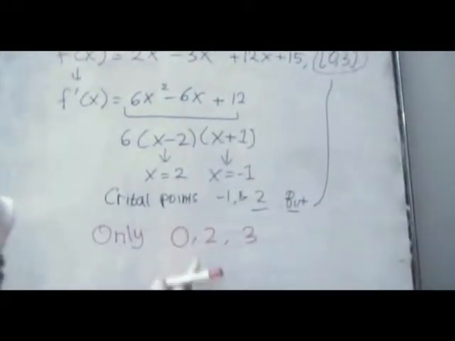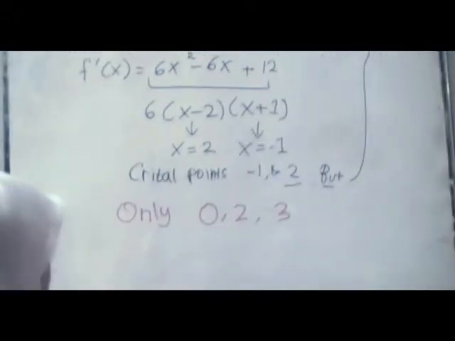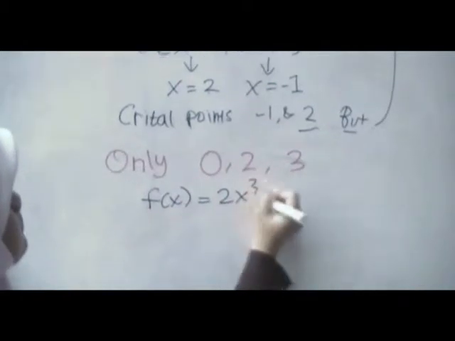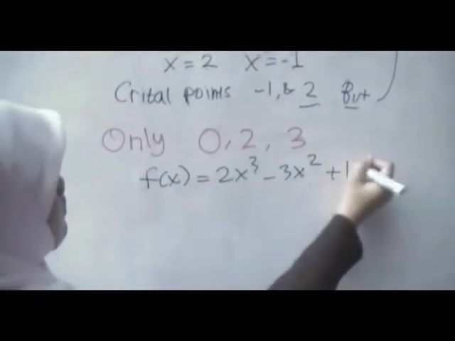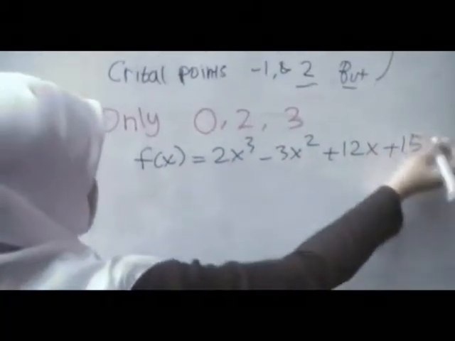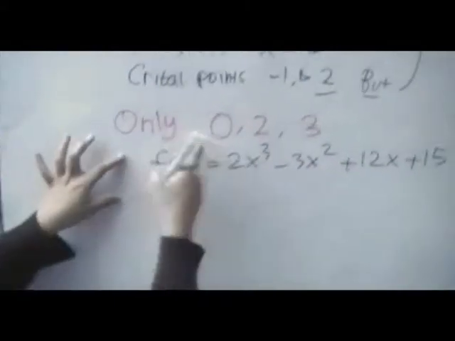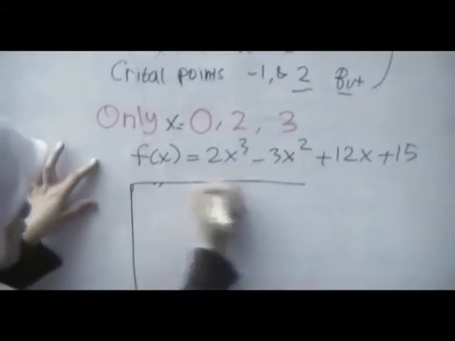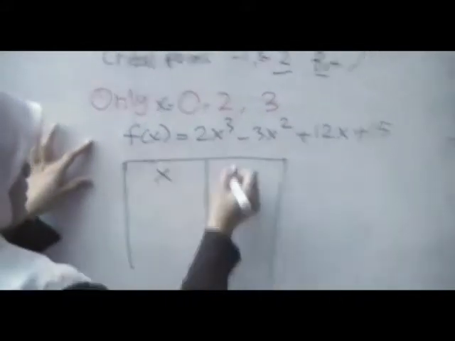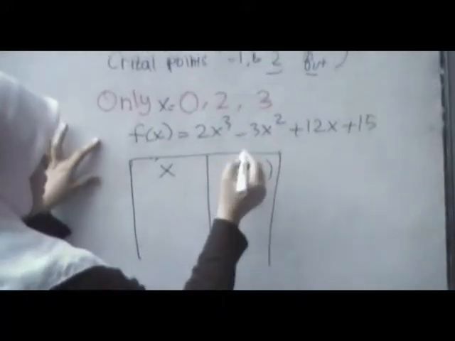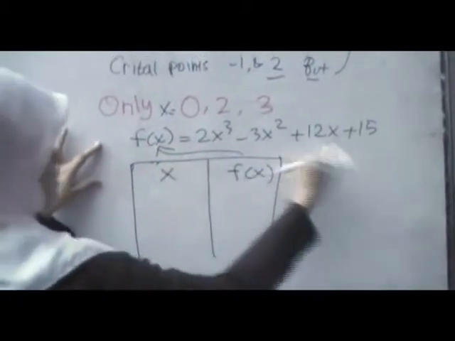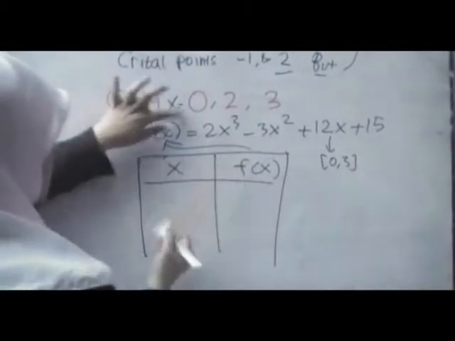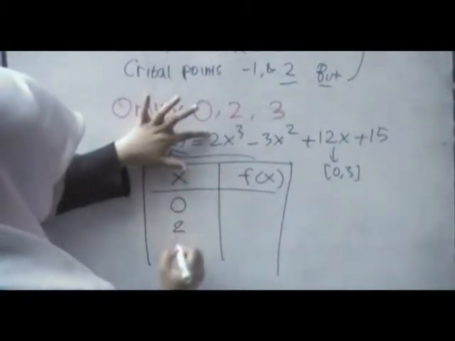To get the maximum and minimum value, we have to substitute the critical points into the first function, f(x), and we just make a table and write x and f(x).